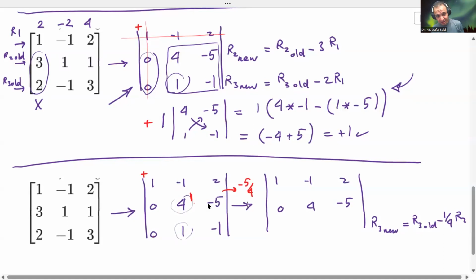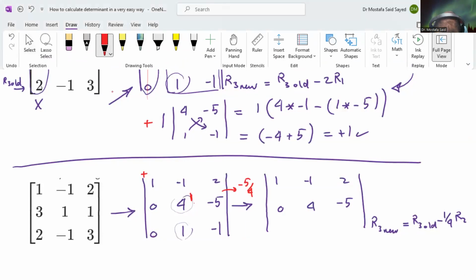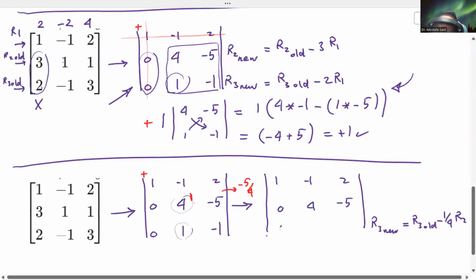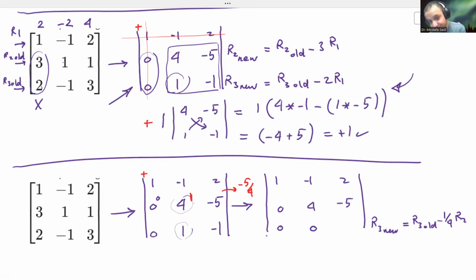Leave it like that. Don't even try to calculate. So what are we gonna have here? Let's calculate and see. The 0 here will still be 0. 1 minus 1 is 0. That's what we wanted actually. And then minus 1 minus 5/4.